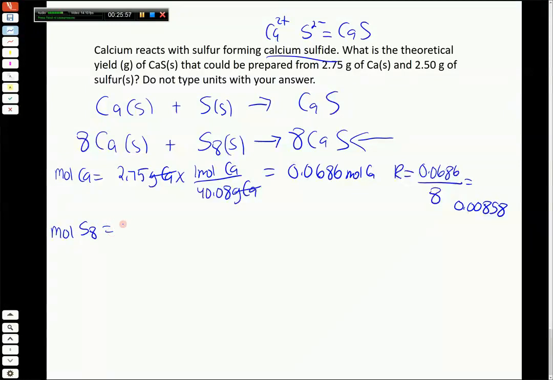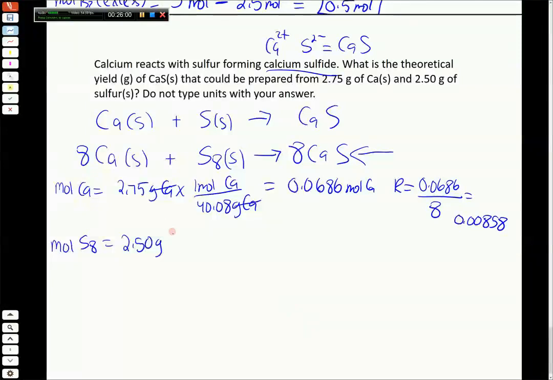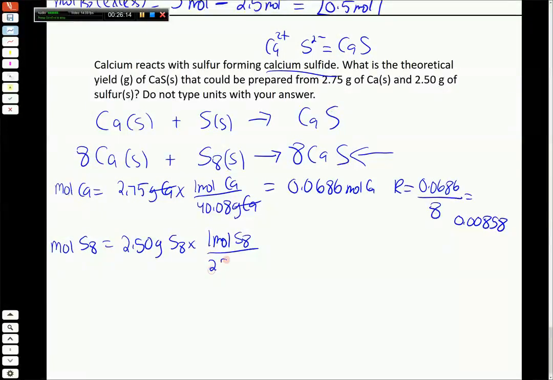So we have 2.5 grams of sulfur. If we're using it as S8, we use the molar mass of S8, which is 8 times the atomic mass of sulfur. So that's going to be 256.56.